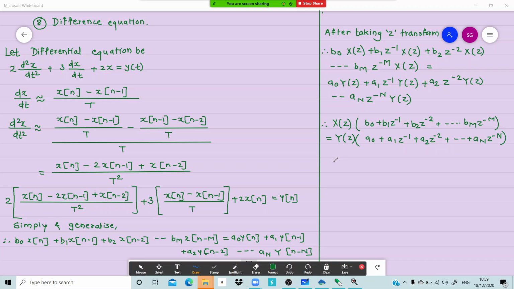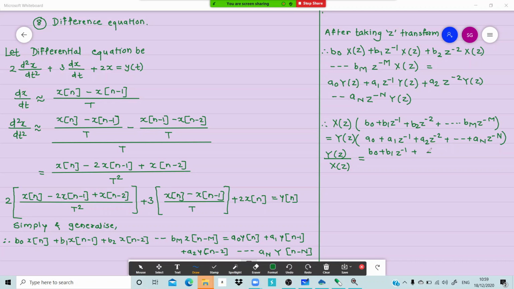Okay, so what I can have, Y(z) upon X(z) is equal to, let me see, yeah, so it will be b naught plus b1 z raised to minus 1.